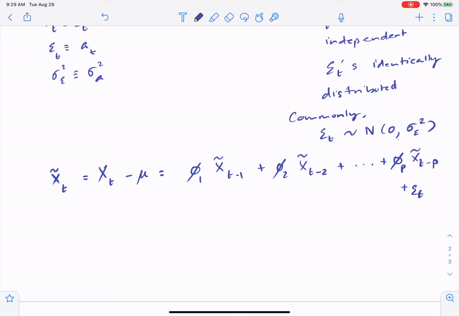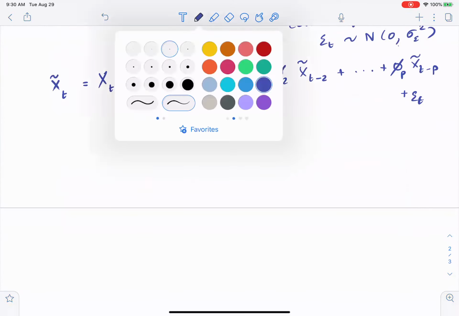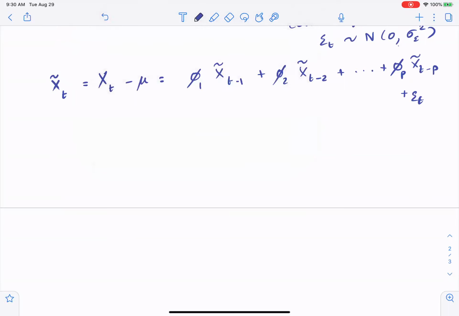From a mathematical algebraic perspective, one might be tempted to rewrite each of those x tildes and put it as xt minus mu. I guess I'll just demonstrate it this way. One may do this. Oh, we have xt minus mu.